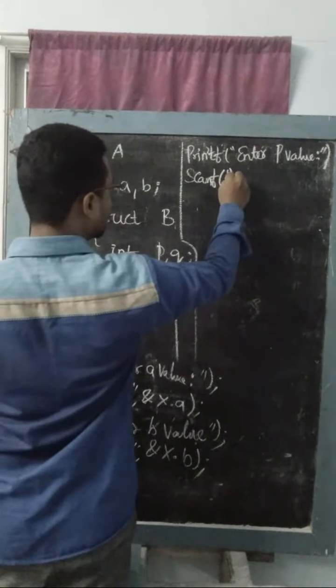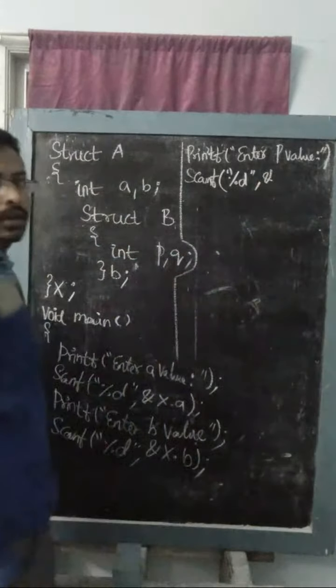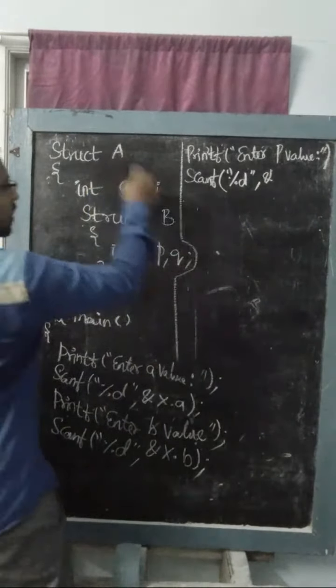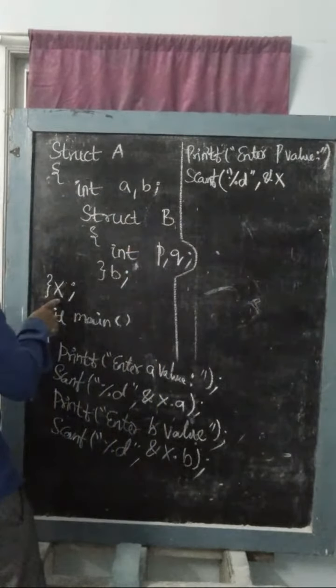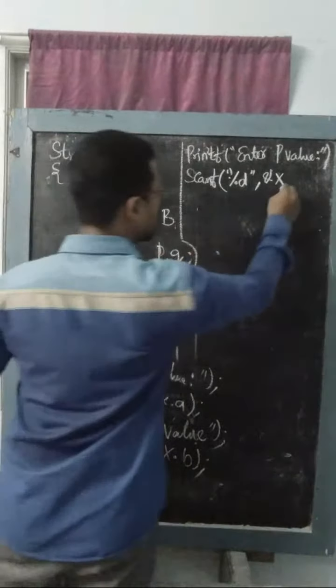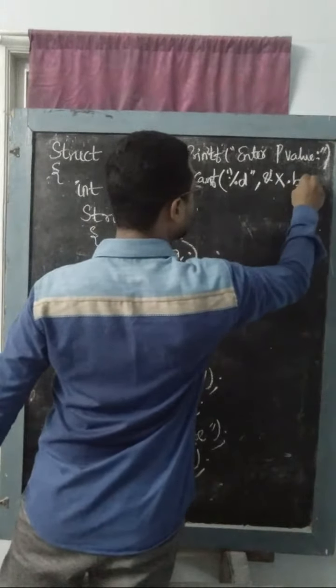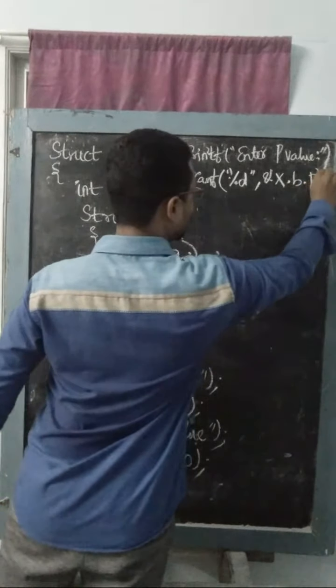P is an integer element, so address of. It is an element of A first, so X is an object for the structure, and then it is a nested element of B. So X dot B dot, what is the value? That is P. You got it there?